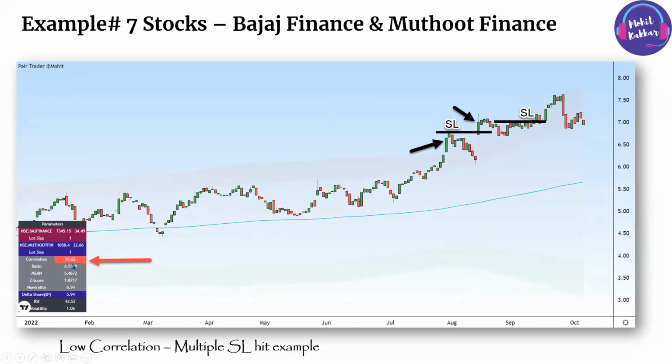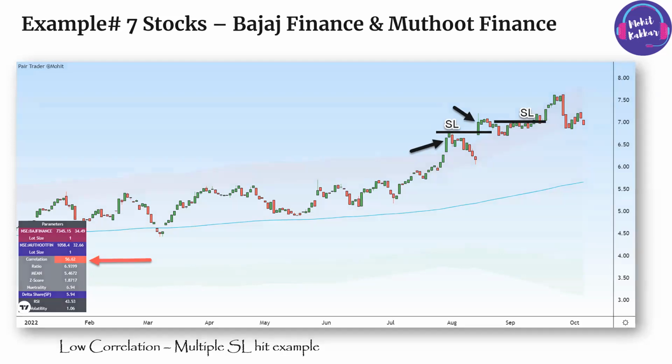The reason being the correlation is low, 56 something percent. But Bajaj Finance and Bajaj Finserv have a super good correlation. LTTS and LTI have very good correlation, same group. You find opportunities there. HDFC Bank too. In these, opportunities form very rarely, but when they do, it's like free money.